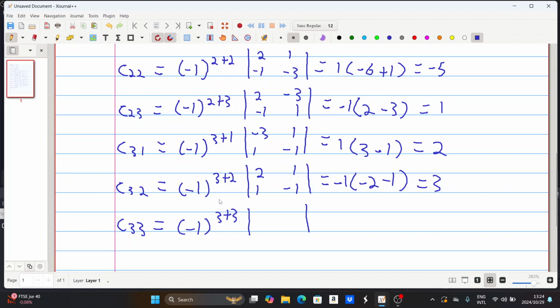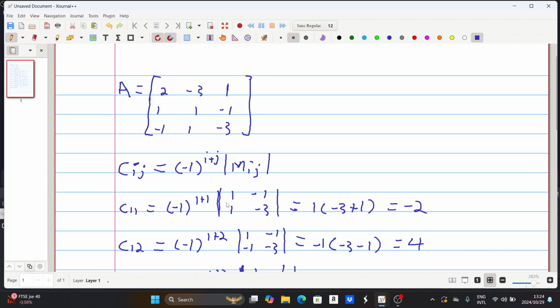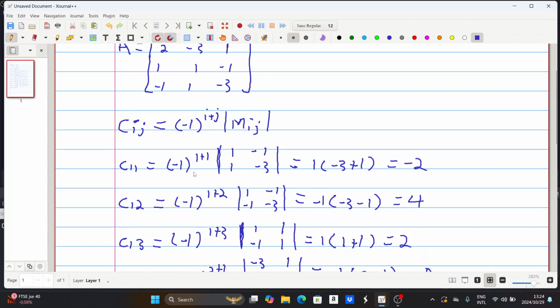And then let's go and look for our cofactors. Then we're going to close this part for 3,3. So we have 2 minus 3, 1 and 1.